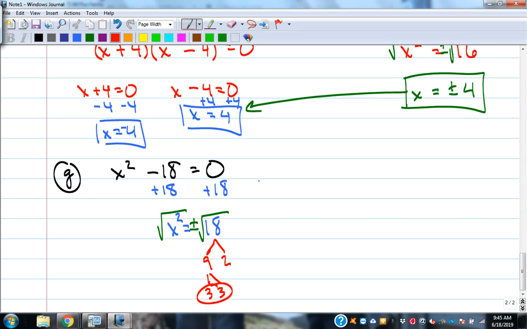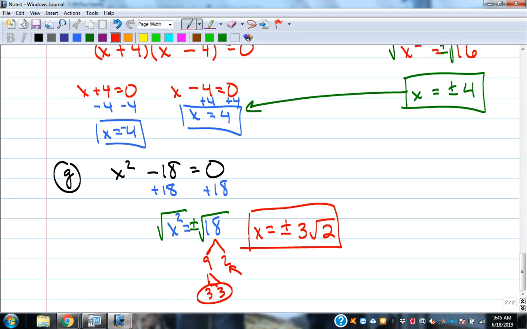So we know that that's going to turn into x equals plus or minus 3 square root of 2. This 2 here didn't have a buddy, so it goes back inside. The pair of 3s, that's the 3 on the outside. This 2 that doesn't have another 2 to pair with goes back on the inside. And we found that solution.